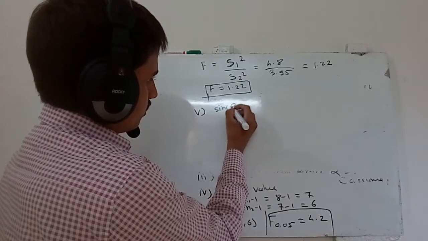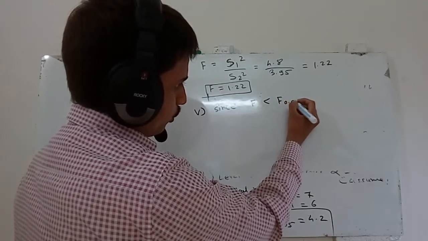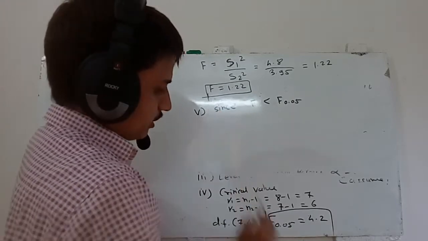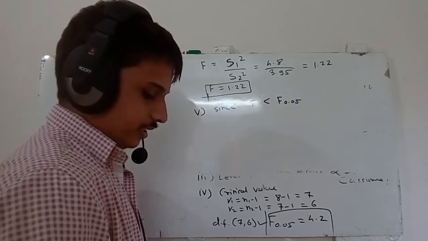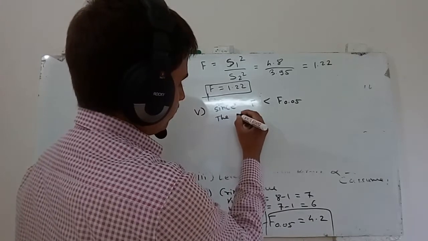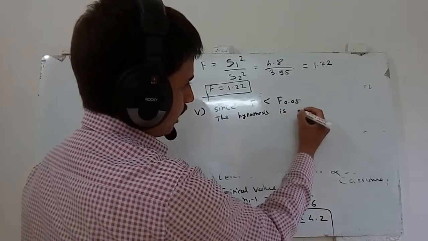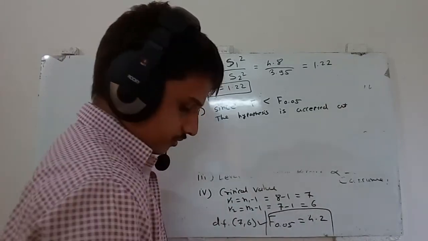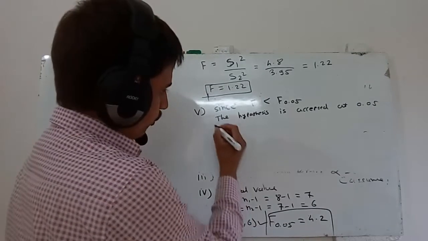Since F is less than F 0.05, this is 4.2 and this is 1.22, so F is less than F 0.05, the hypothesis is accepted at 0.05 level of significance.